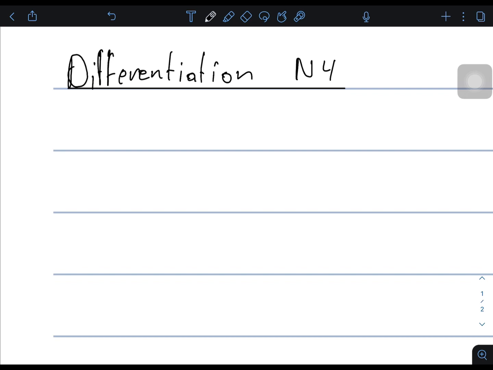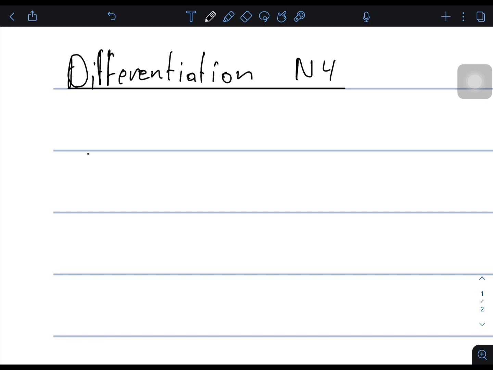Okay, so guys, I will be doing differentiation, Mathematics N4. I'm just going to be simple and short when defining differentiation.